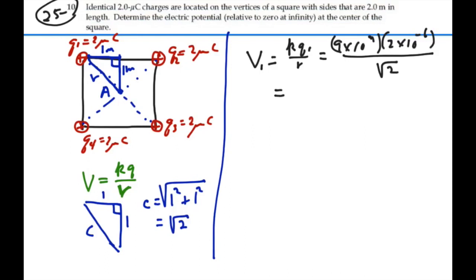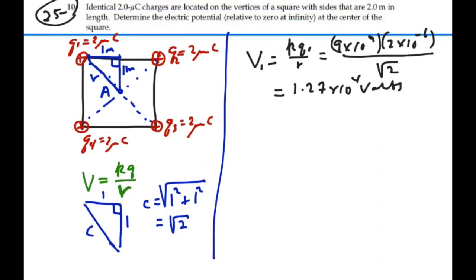So that is going to be equal to, if I can find my calculator, 1.27 times 10 to the 4 volts.